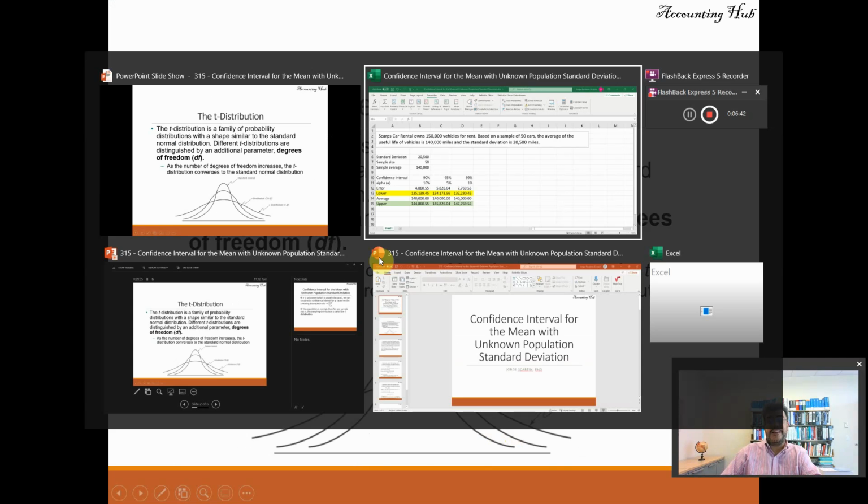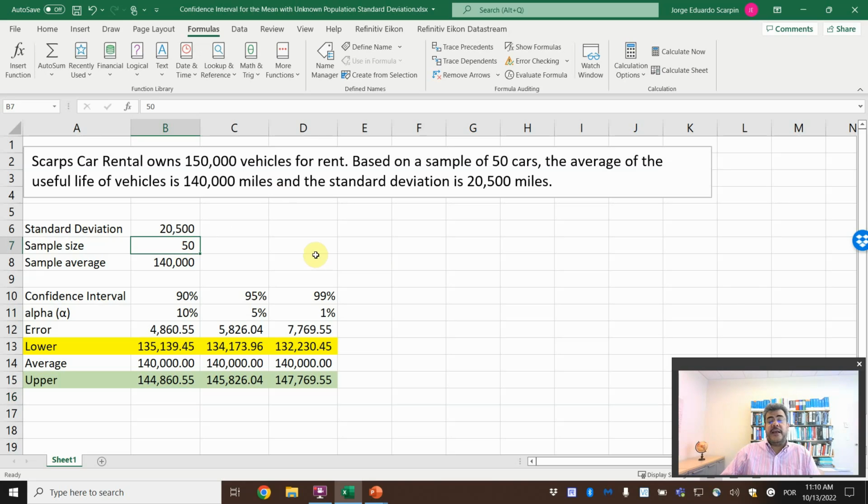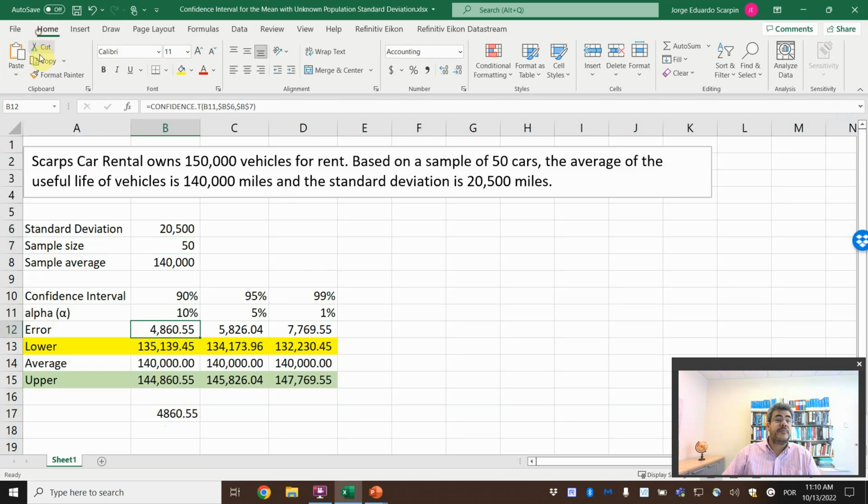Let's double check it. Sample size, 50. The error, let's type it here because it will change, so we don't lose it. Now it's pretty. Instead of a sample of 50, let's consider a sample of 150. Whoa, it decreases a lot.